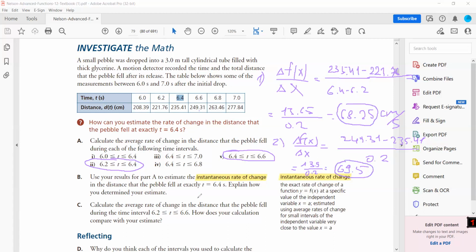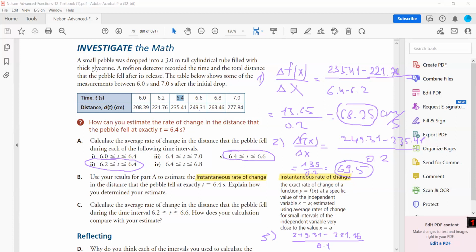Okay, and let's evaluate the final interval from 6.2 to 6.6. The moment of time 6.4 lies between those two values. So we would get 249.31 subtract 221.76, divided by 0.4 this time, because that's our interval.